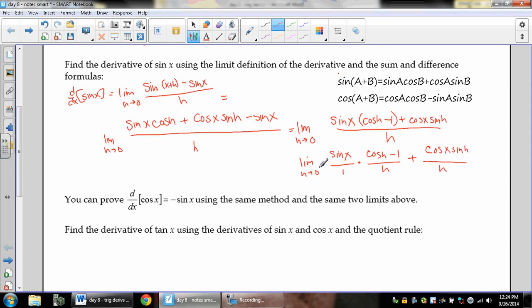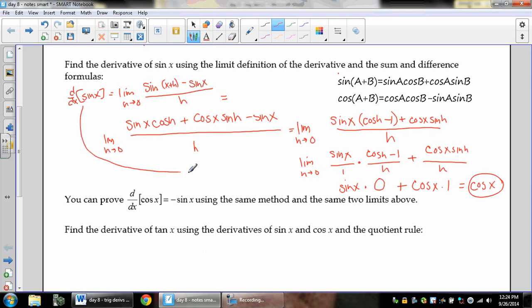So over here, as h approaches 0, cosine h minus 1 over h is that limit from up top. That was 0. So I have 0 times sine x. Then cosine x isn't affected by the 0, but sine h over h goes to 1. So this becomes cosine x times 1, and the value of our limit is cosine x.